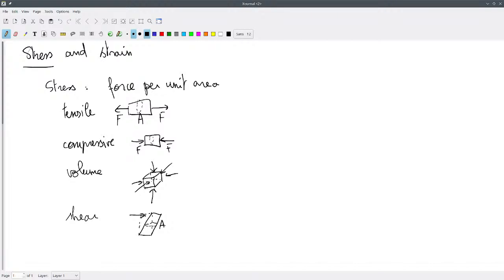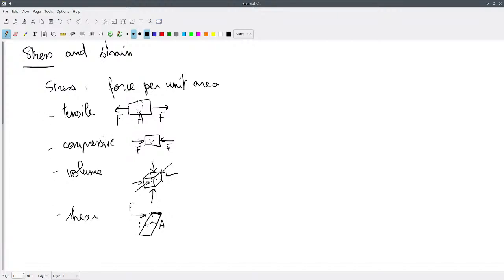You all know that if you buy one of those IKEA bookcases and you don't put on the cardboard on the back, then you can just push on the side and it will completely collapse. So then you're applying a shear stress to this bookcase, and it just collapses under the influence of that shear stress. So these are a couple of different types of stresses.